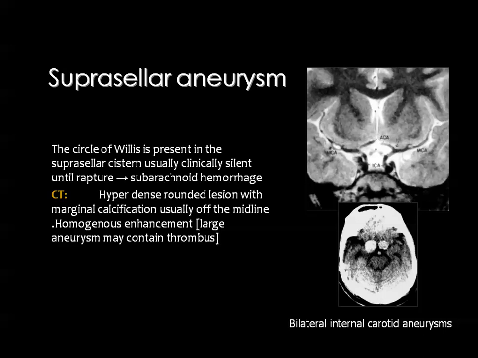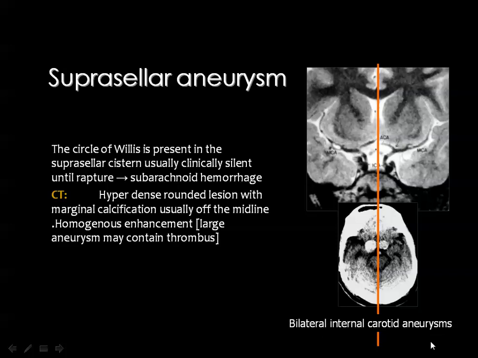And you remember that I have explained this in full detail in the case of intracranial vascular pathology, but you should know that the suprasellar aneurysm is similar to any other aneurysm all over the body. It may show homogeneous post-contrast enhancement if it is not thrombosed, and it may also show mural calcification in some cases.